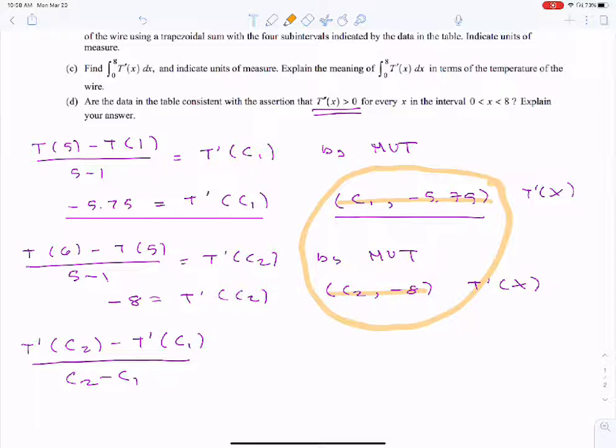So putting in my specific numbers, T prime of C2 was -8, and T prime of C1 was -5.75, over C2 minus C1. Actually, I want to keep the format to what I was doing, so I'm going to move this over just a little bit.